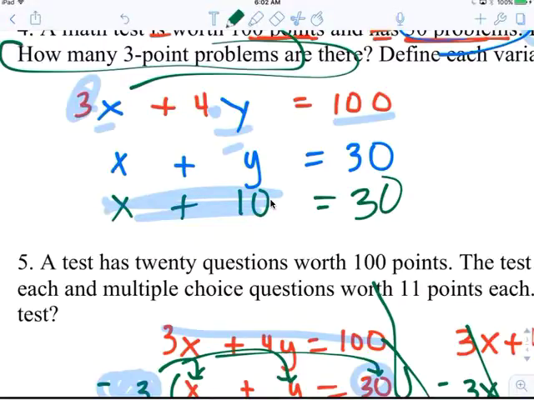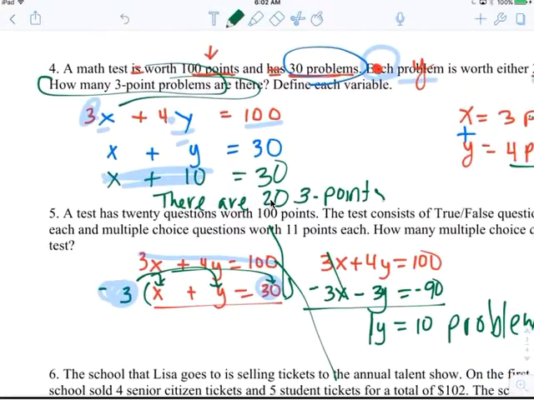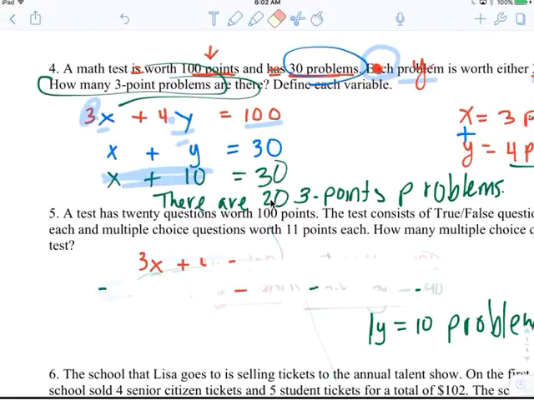There are 20 3-point problems. Okay? And that's how you do that one. Okay, sorry. You can rewind.